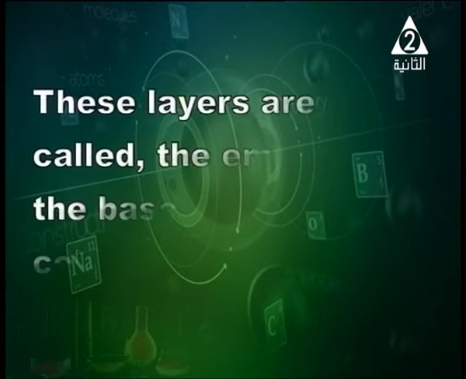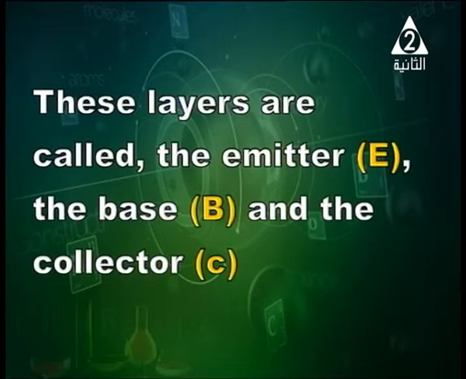The layers are called the emitter, the base, and the collector. Emitter is denoted by capital E, base by capital B, and collector by capital C.